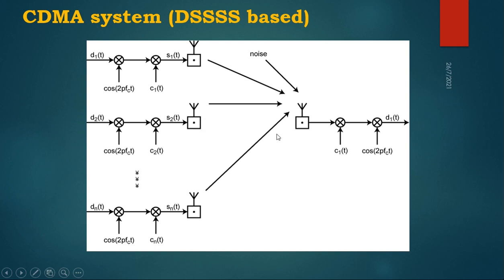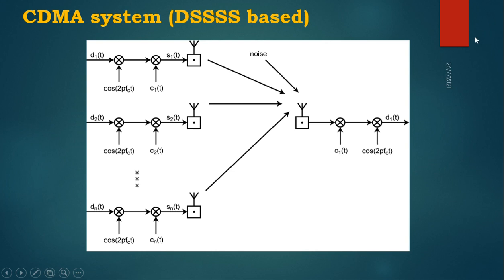Now it's very challenging for the receiver to determine from which station which data is coming. That challenge has to be solved by the receiver. This is a very interesting concept, and shows why CDMA is so useful. Here the receiver should know from which station which data is coming.